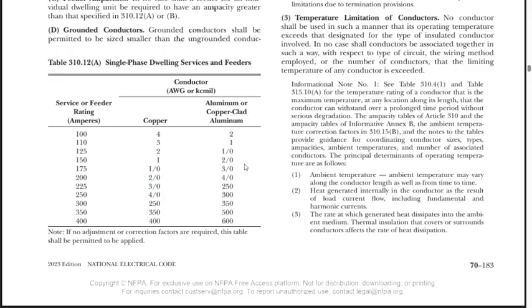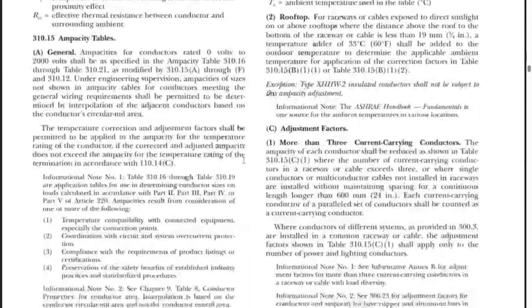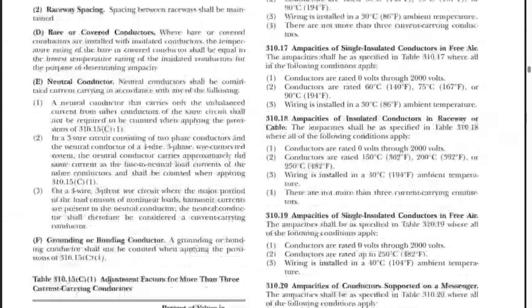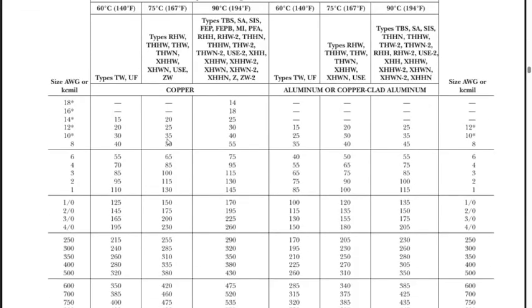Just to point out what you don't do: you don't come over to 310.16 and go, all right, 175, let me work my way down, and you'll see it's a 2/0. Now, could you buy a 2/0? Yes. You can put a 3/0 if you want.